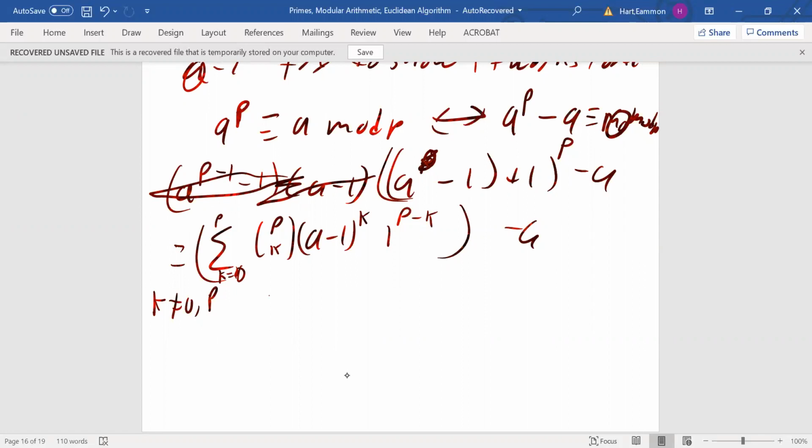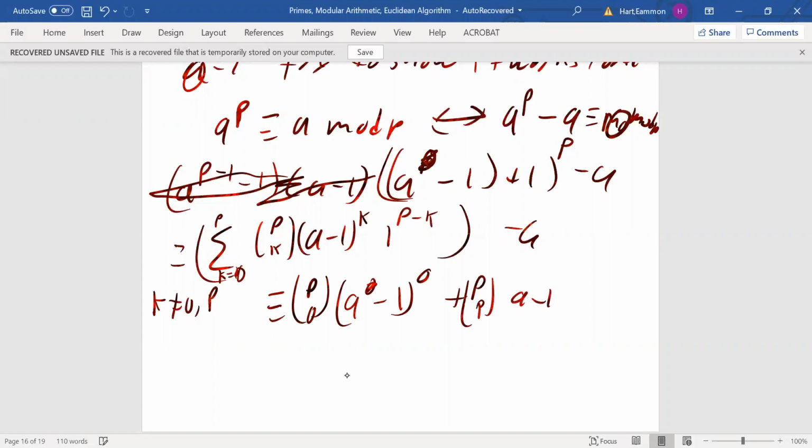So that is going to be congruent to just the highest and the lowest surviving when I do mod p. So that's going to be congruent to p choose 0, and that'll be a minus 1 to the 0. It's the same thing, but plus p choose p times a minus 1, minus a. And this is all mod p.